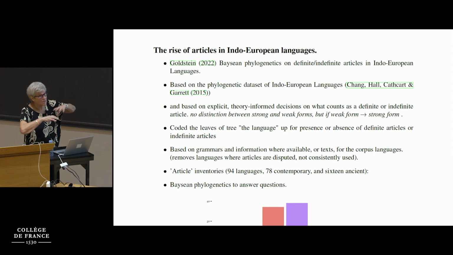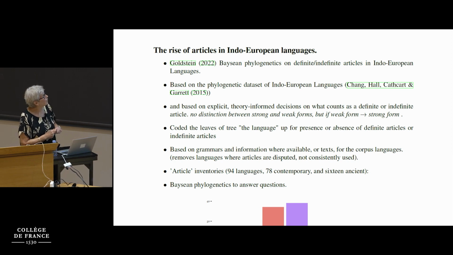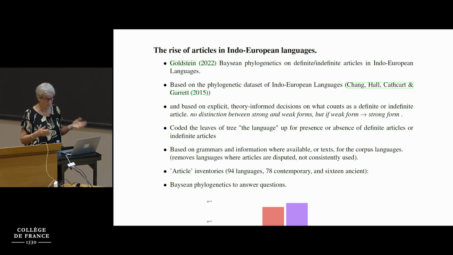What he does is there's this tree that I'll show you. He codes up all the leaves of this tree, the individual languages, and says, okay, what is the state? Do you have articles, no articles, definite articles, indefinite articles, both? And then he does this on the basis of grammars and information when it's available.